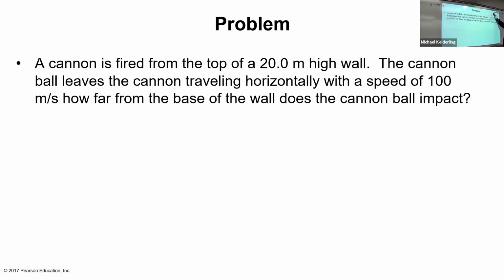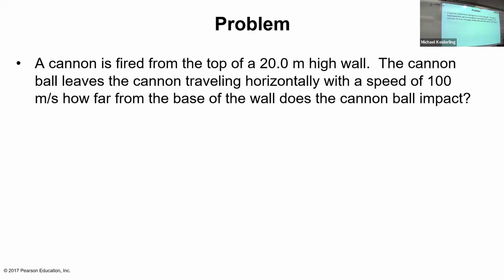So here is a problem using that. That formula was y equals h minus g over 2 v naught squared times x squared.